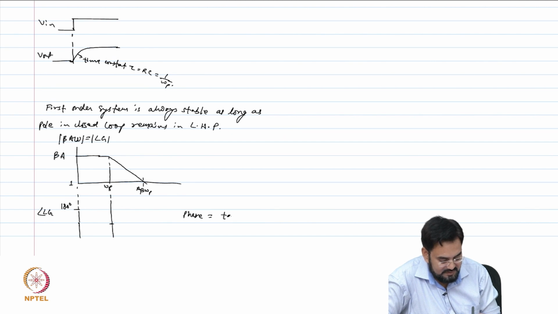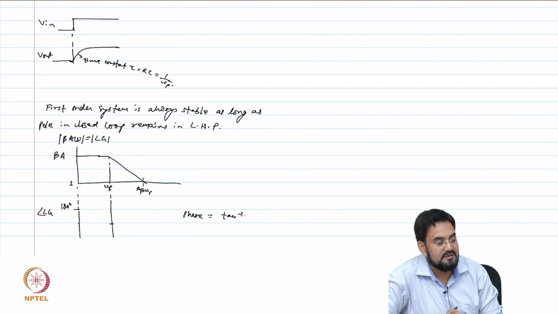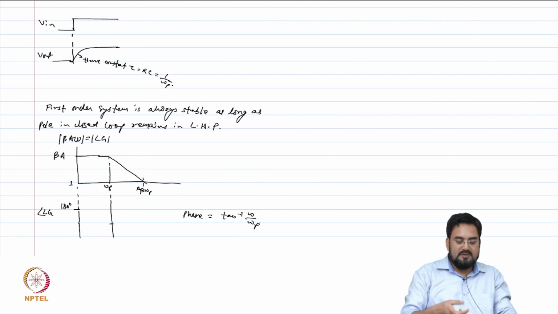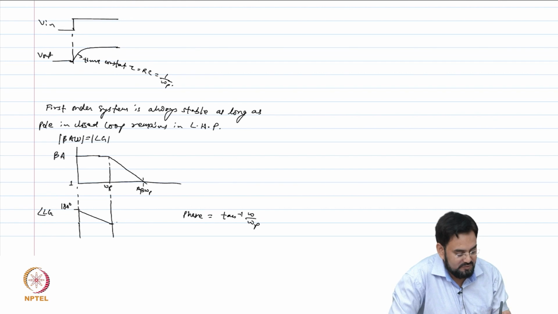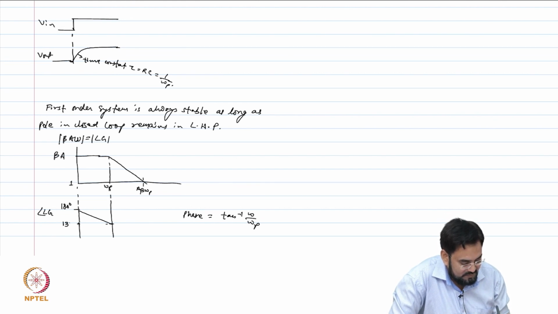Tan inverse omega by omega p. So if you keep omega equal to omega p, tan inverse 1 is what? 45 degrees. Which means at the pole frequency you will drop by 45 degrees. So 180 minus 45 is 135.